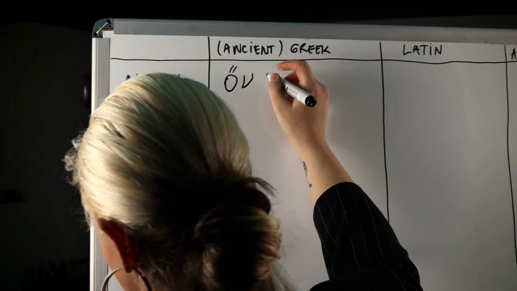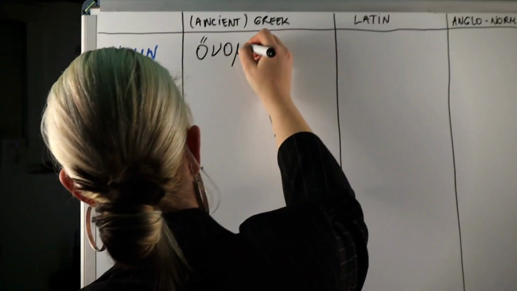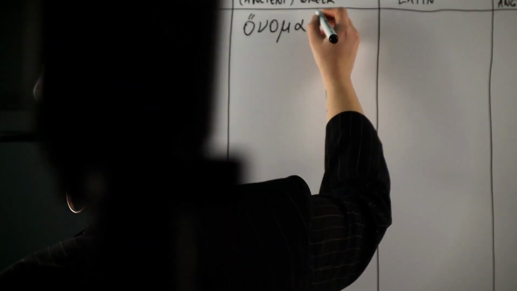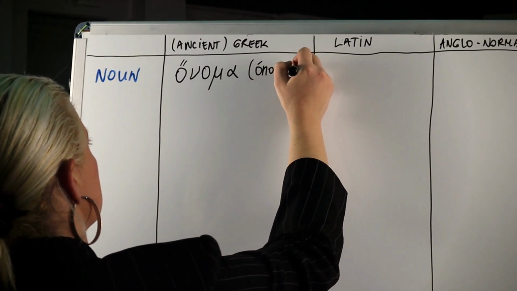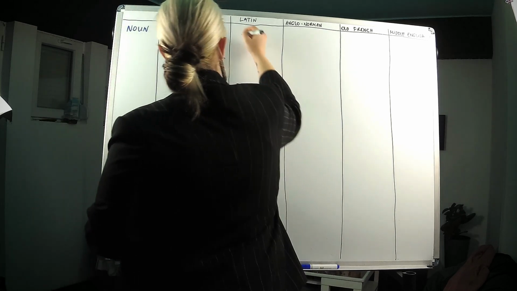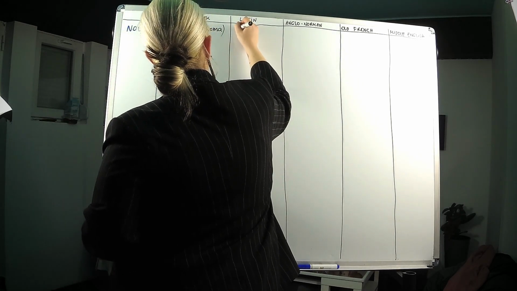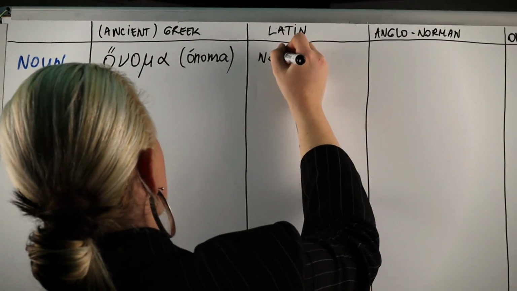So nouns, the name of the word noun originates from the ancient Greek expression onoma, which meant name. Of course, the Latin word for the name is nomen.